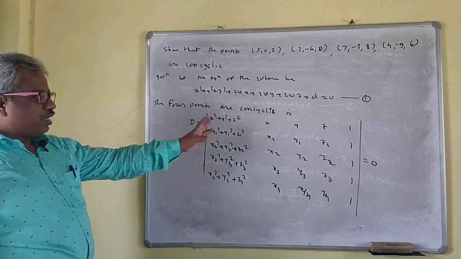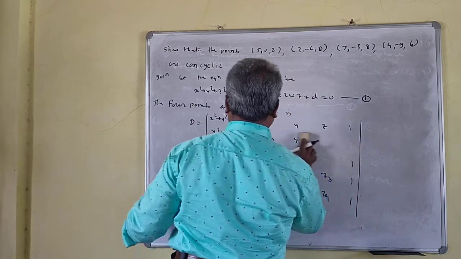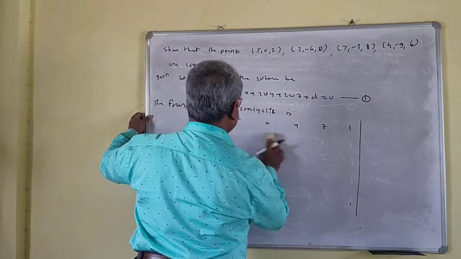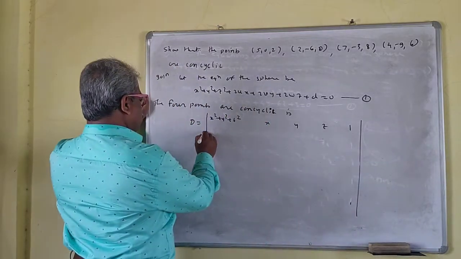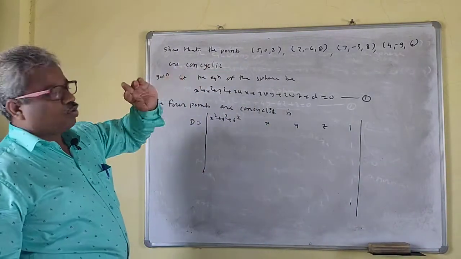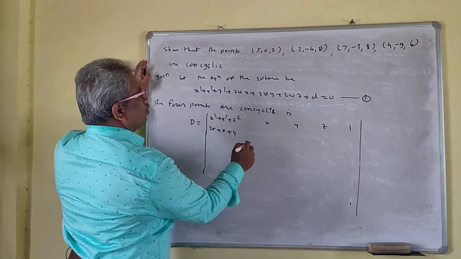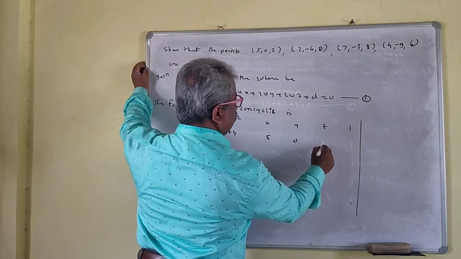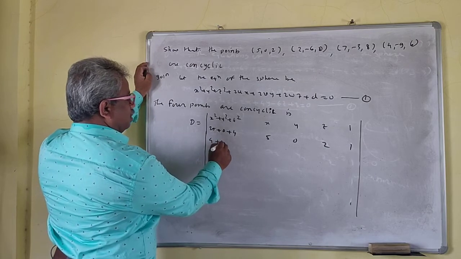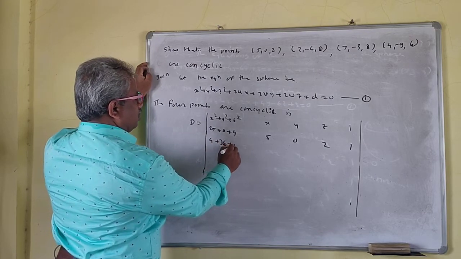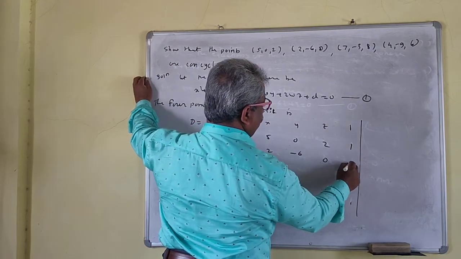Okay, so I have to prove that this d is equal to 0. So we'll put d is equal to 0. Now we'll put these 4 points here. The first is 25 plus 0 plus 4, so 5 0 2 1. Then 4 plus 36 plus 0, so 2 minus 6 0 1.